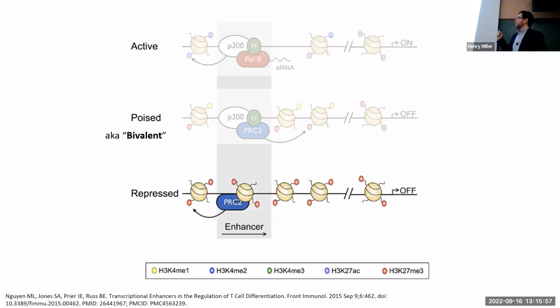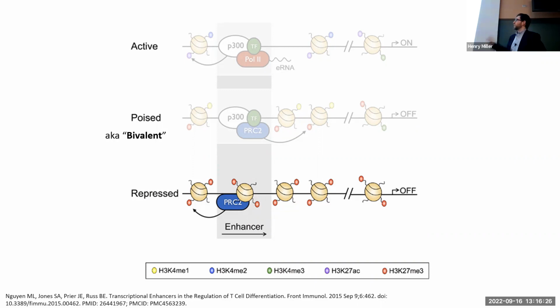We also have repressed enhancers, and these have inactivating marks like H3K27 trimethylation that lead to the target gene being switched off. Now, just a really quick note, you can see here PRC2, that's polycomb repressive complex 2. That includes, for those of you who are familiar, EZH2, and this is what deposits those inactivating marks.